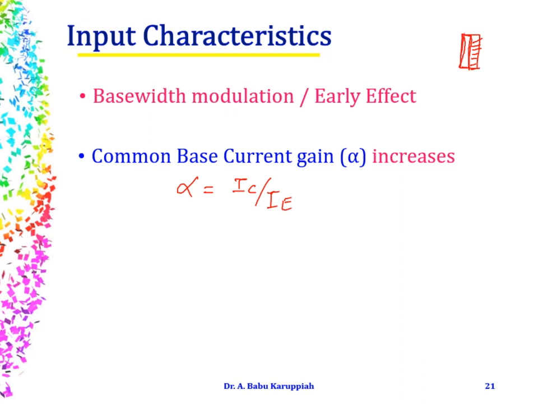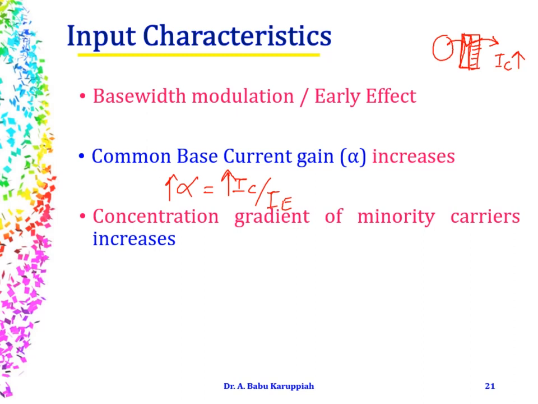So the electrons flowing from the emitter do not find enough holes in the base to recombine. So almost all the electrons that come into the base move to the collector, and as a result the collector current increases. So the numerator increases here, and so alpha increases. This is the first consequence of the phenomenon. The second consequence is that the concentration gradient of minority carriers increases.